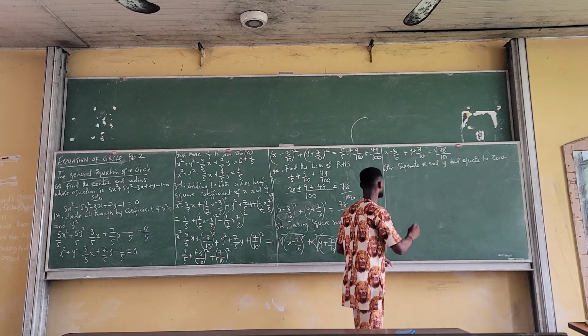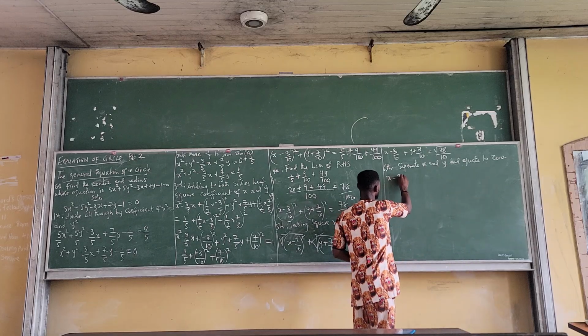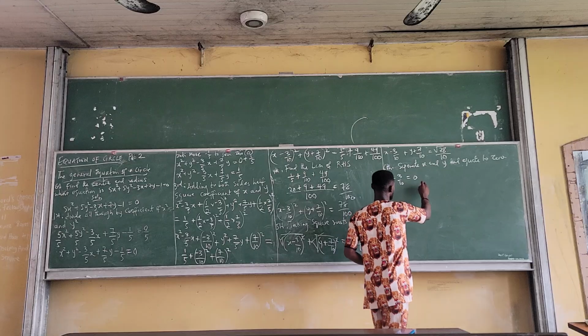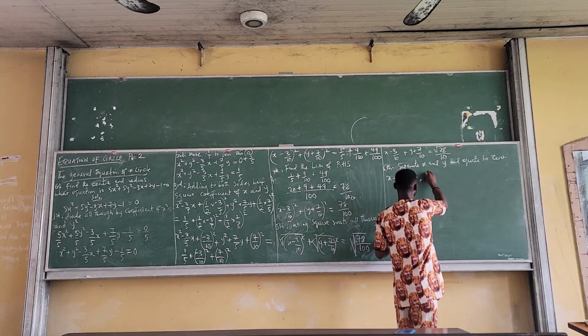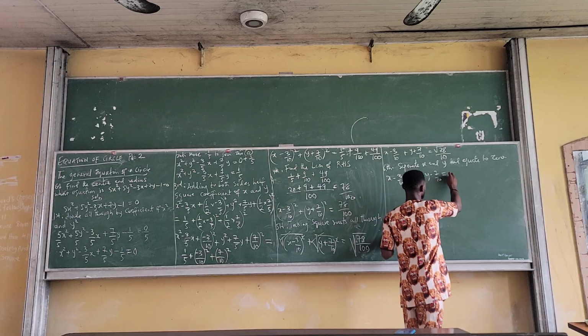If you do that, we have x minus 3 over 10 is equal to 0 and y plus 7 over 10 is equal to 0.